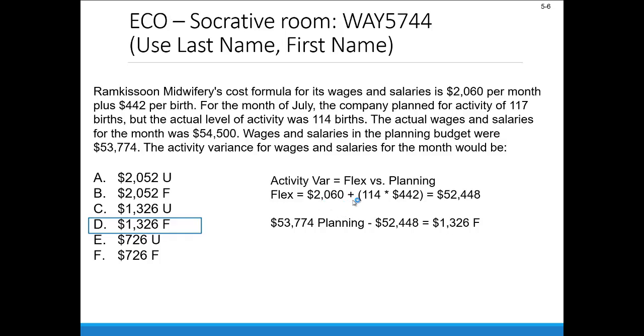So 2,060 plus 114 times the $442 gives us a flex budget amount of $52,448. We'll take the planning budget amount, $53,774, minus that flex budget amount, and there's our difference of $1,326. Again, a favorable activity variance.